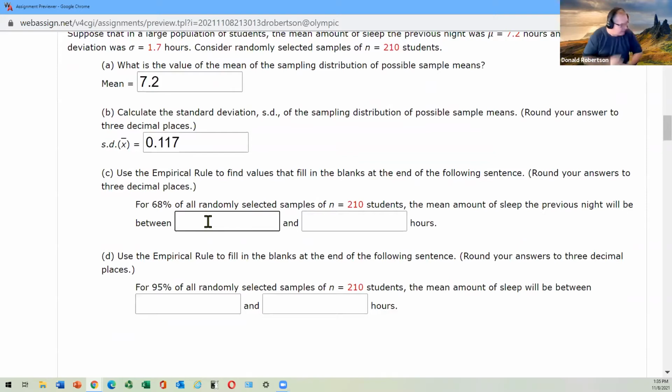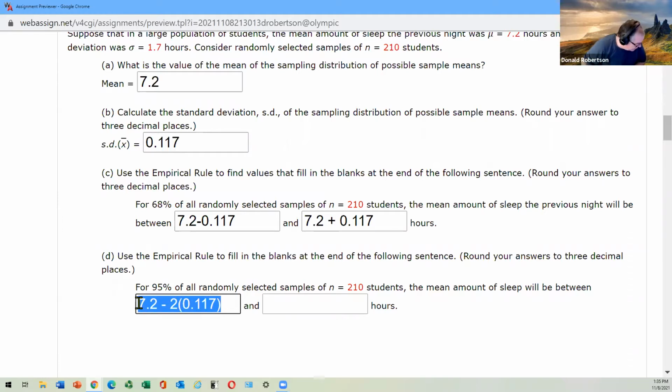If you're doing a 68, isn't it going to be 7.2 take away 1 standard deviation, and then 7.2 add 1 standard deviation? And for a 95, it's going to be 7.2, take away 2 of those standard deviations, and on the other side, 7.2, add them.